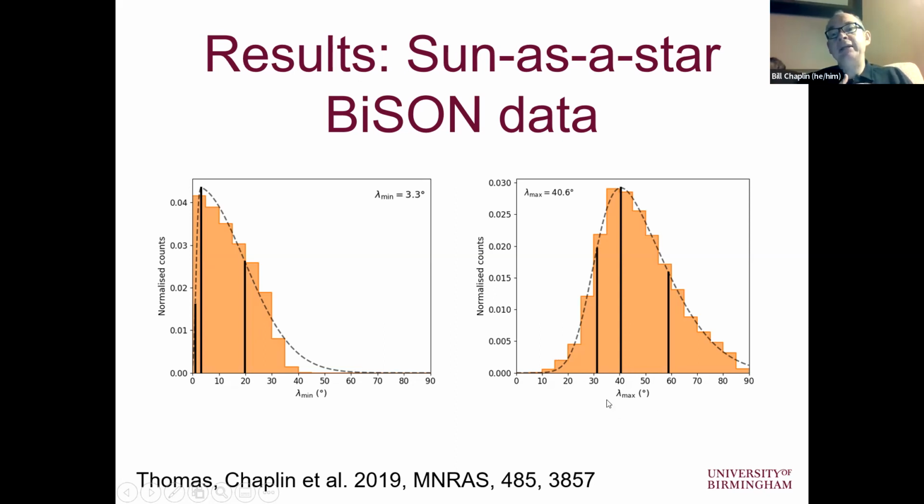And then the maximum latitude of the activity on the sun here is suggesting a latitude of about 40 degrees, something like that. Now that's slightly higher than one might expect naively from the distributions of the latitudes of sunspots. However, if you look at the latitudinal distribution of magnetic flux through the cycle on the sun, what you find is that it does bleed through to higher latitudes.